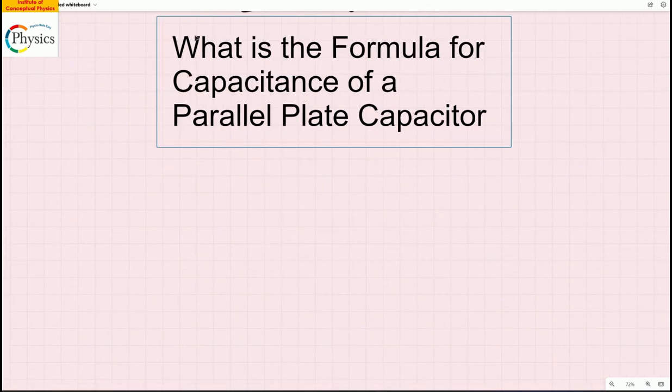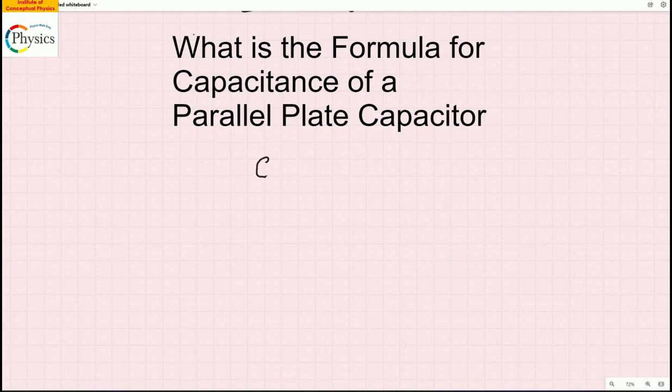All right, so this is a very important question. The capacitance of a parallel plate capacitor is written as epsilon naught epsilon r into A divided by d. What does it mean?